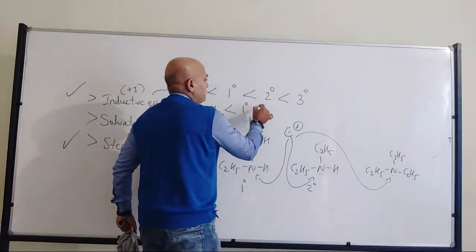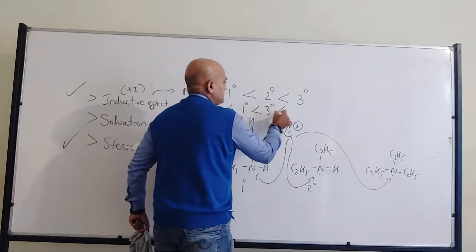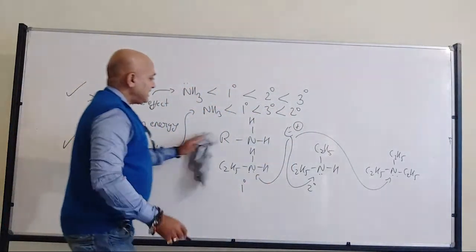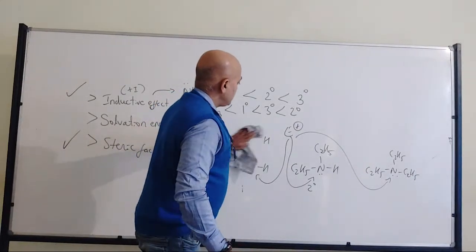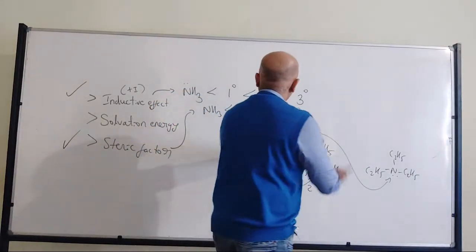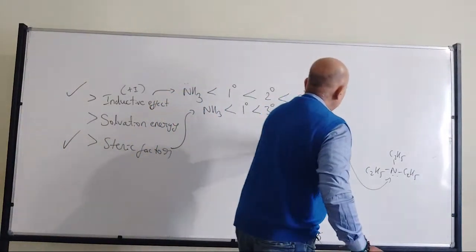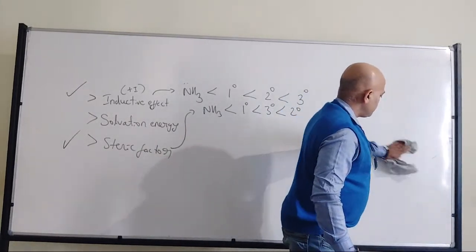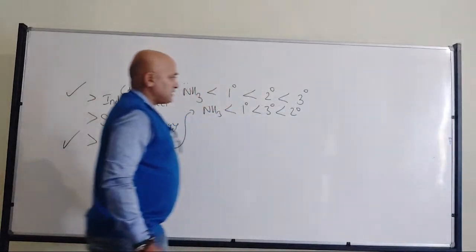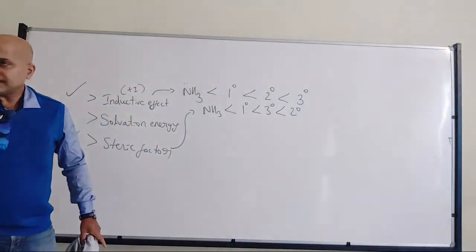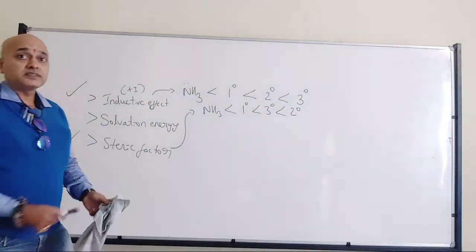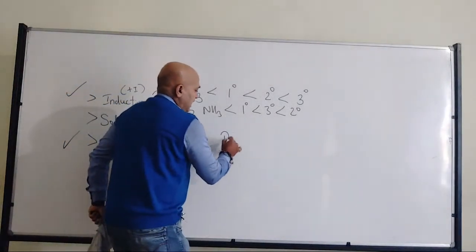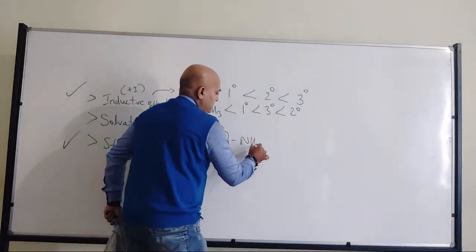Now comes the primary, then comes the tertiary, then comes the secondary. That is based on the steric factor. Or tertiary amine, even it can shift to the primary amine side also, depending on the alkyl group. So that can be the arrangement. All of you will agree? This is one thing.